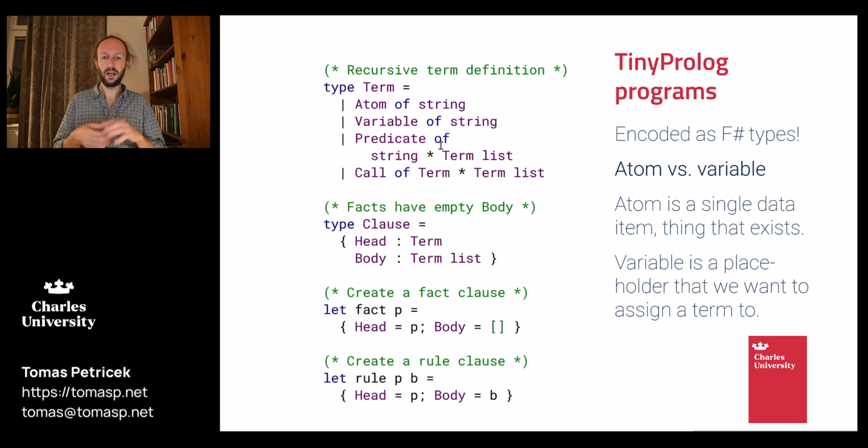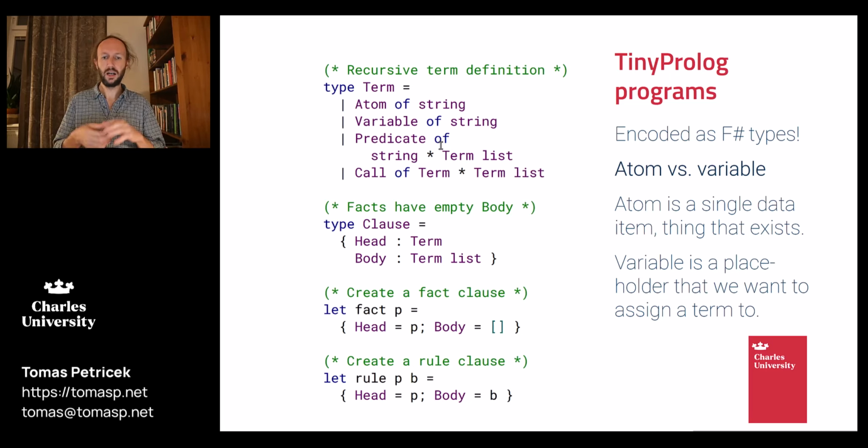The unification process will work in a very similar way as our type inference. And here in TinyProlog, we split it into two functions. Unify looks at a term, and unify lists will then try to match, for example, the arguments of a predicate. And when we do unification, we will again generate a substitution or an assignment for variables.